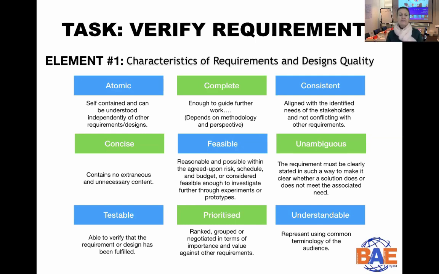Testable: you need to be able to verify that the requirement or design has in fact been fulfilled. So write your requirement in a way that you know when it is implemented or not. Prioritized: this is all about being ranked, grouped, or negotiated in terms of importance and value against other requirements.